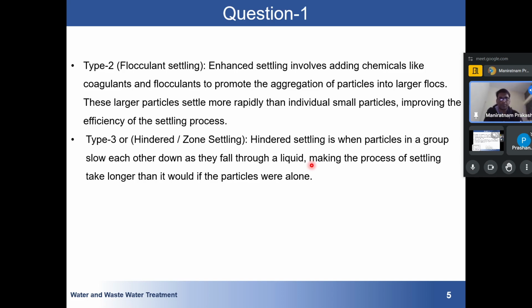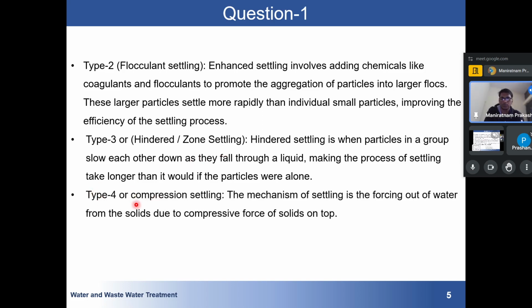Previously, they were settling on their own at their own position, or by joining other particles. But in this method you will see that there is a layer, and that's why its name is zone settling. A kind of layer will be there. In the end I will show you the picture of how zone settling happens.